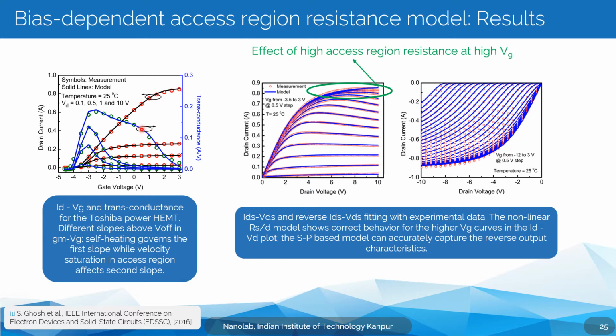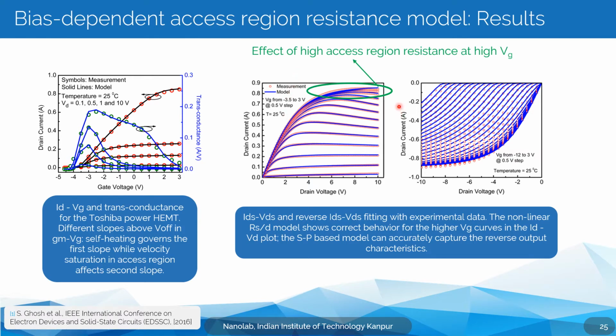This is because of self-heating, and as we know, self-heating manifests itself at high gate and drain voltages, which basically corresponds to higher currents and higher power and more heat dissipation. And the second effect of this access region resistance is what is called quasi-saturation.